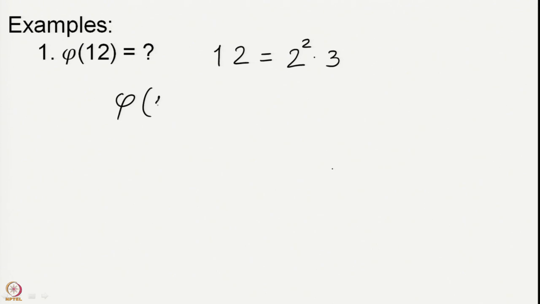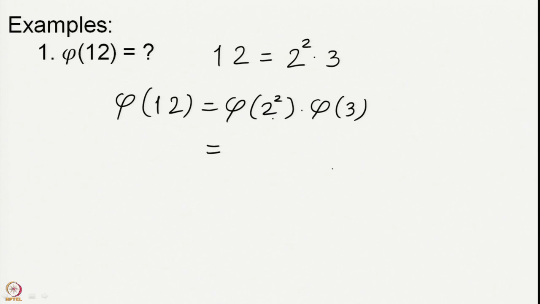Therefore, phi of 12 is phi of 2 square into phi of 3. 2 square is a prime power. So, this is going to be 2 square minus 2, and this is going to be 3 minus 1.